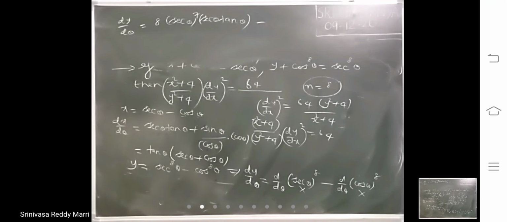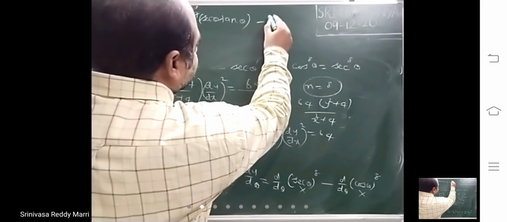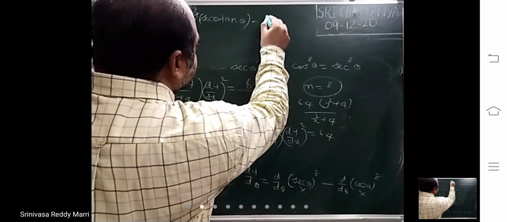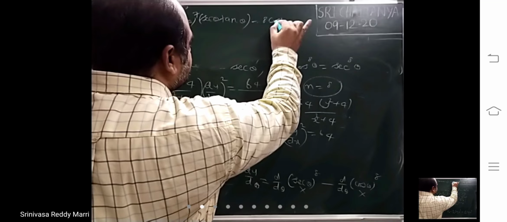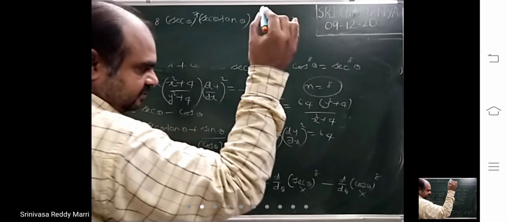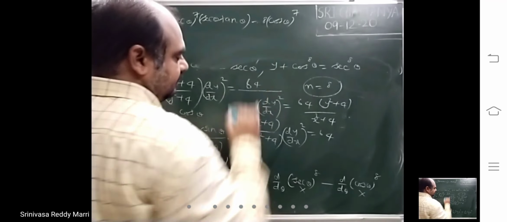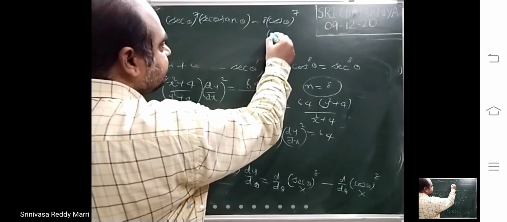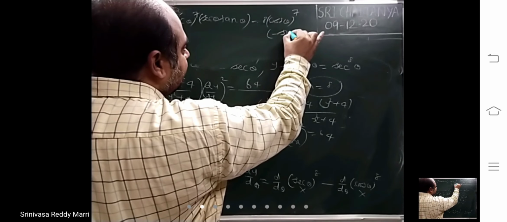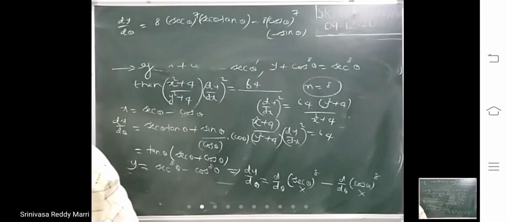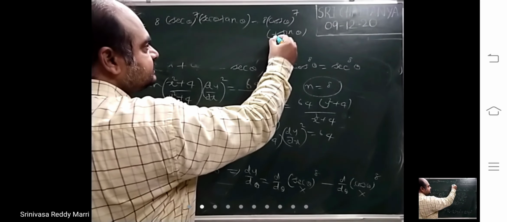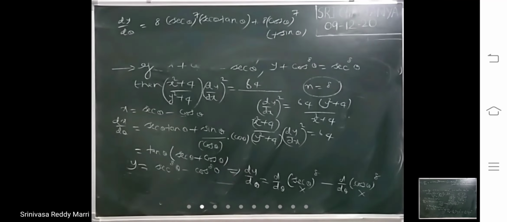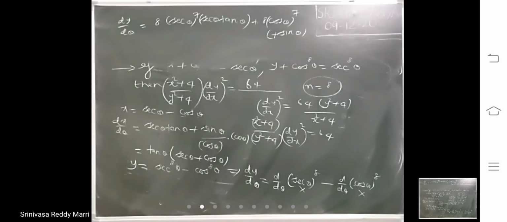minus, so 8 into cos theta to the power 7 into d by d theta of cos theta, which is minus sin theta. So minus will get cancelled. Look at how I am adjusting.